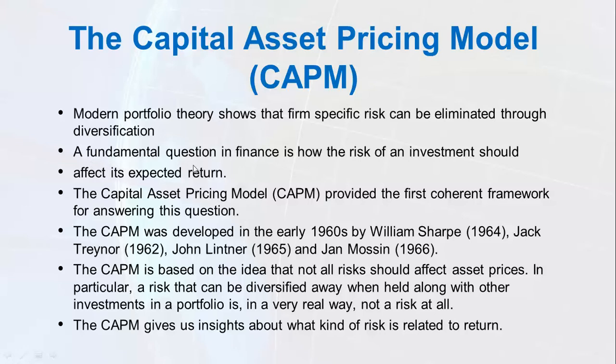So a fundamental question in finance is how the risk of an investment should affect the expected return. Okay, so how should the risk affect expected return? The capital asset pricing model, the CAPM, provided the first coherent framework for answering this question.